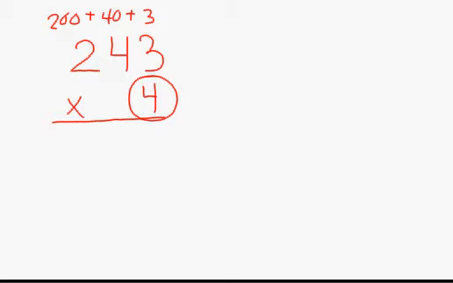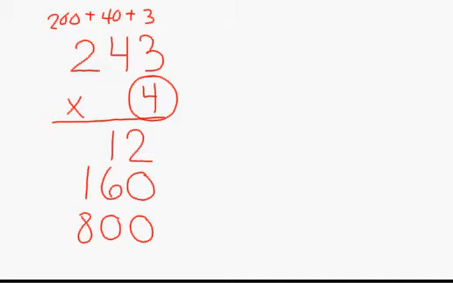So 4 times 3 is 12. 4 times 4 is 16 with 1 zero. And 4 times 2 is 8 and 2 zeros. So this is where all those are coming from. So it's really like that 200 times 4, 40 times 4, and 3 times 4.